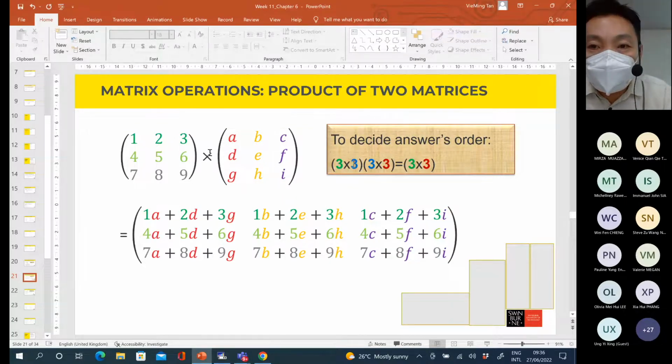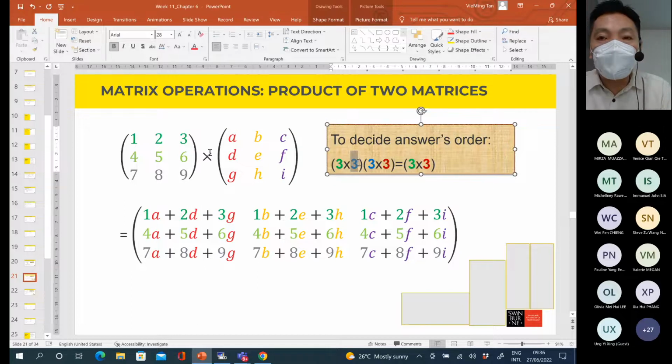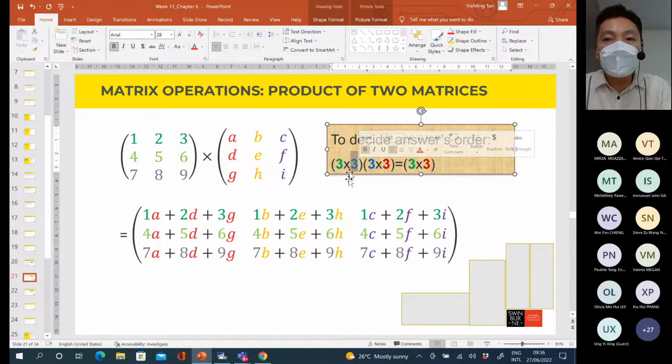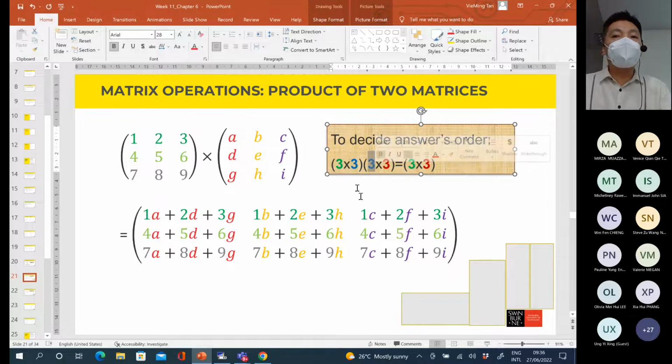If you don't believe it, you can check here: the number of columns in the first matrix is exactly equal to the number of rows in the second matrix. 3, 3, same, right? So the multiplication result of these two matrices exists.